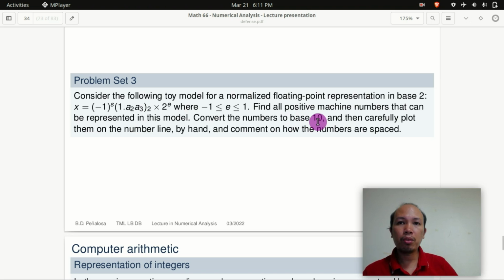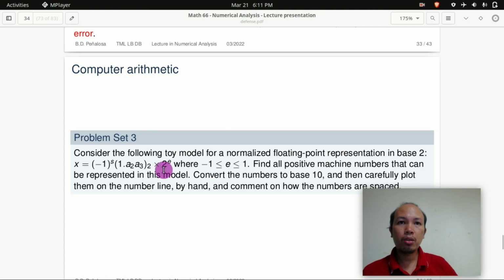So after getting the numbers in this toy model for a normalized floating point representation in base 2, convert those numbers to base 10 so that we can understand. After that, you have to make a number line by hand, on pen and paper or yellow paper, and plot those numbers on the number line. And comment on how the numbers are spaced. So this is your problem set.